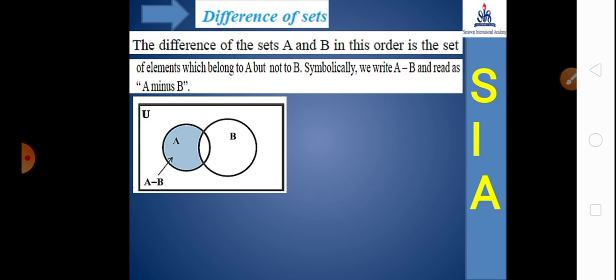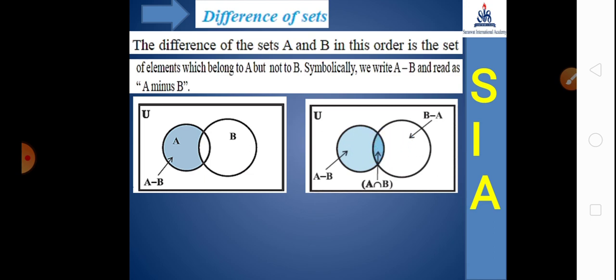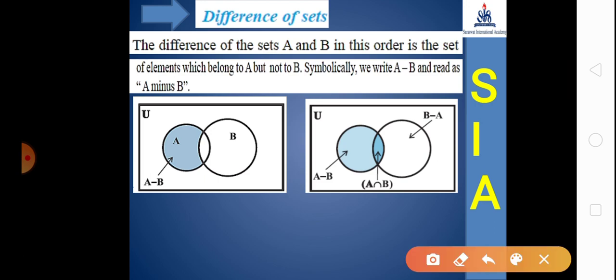So that is called B minus A. So finally, look at that second figure. It is A minus B, B minus A, and between is A intersection B. It means the first shaded portion in blue color is A minus B, between is A intersection B, and see the right side, this white portion, I am telling about this one.